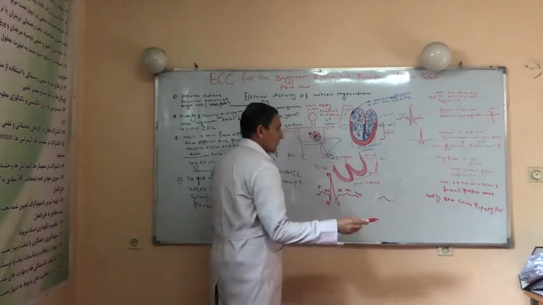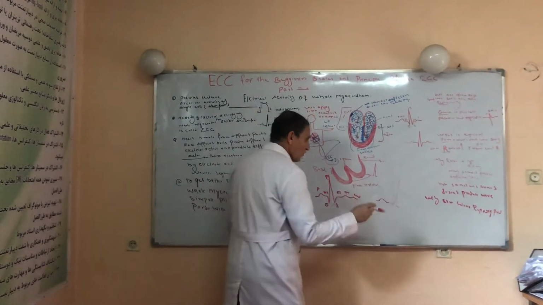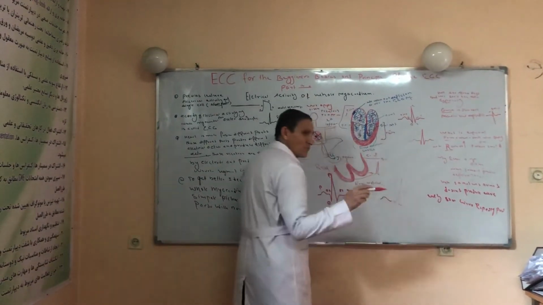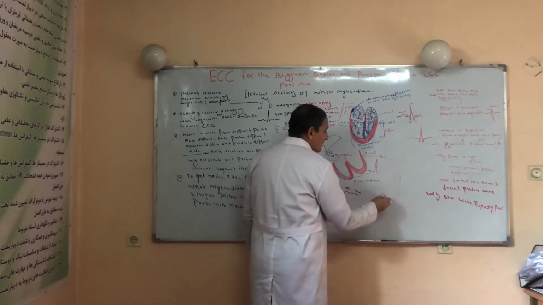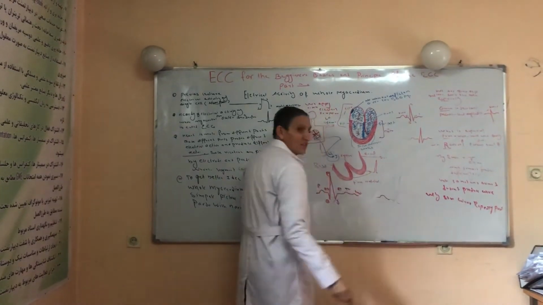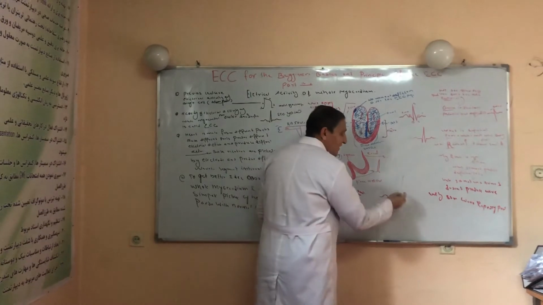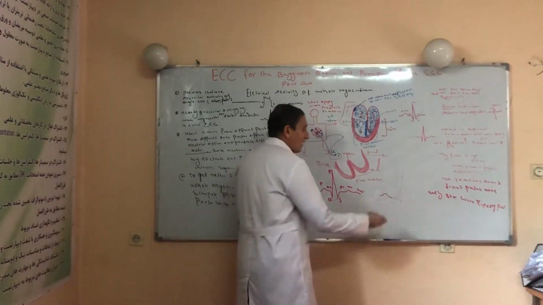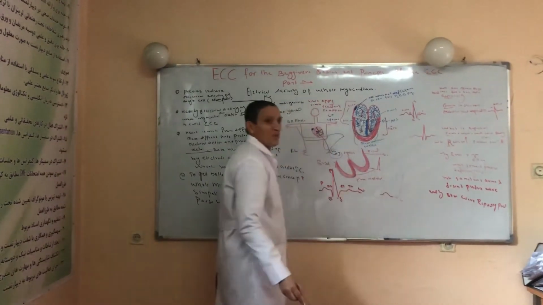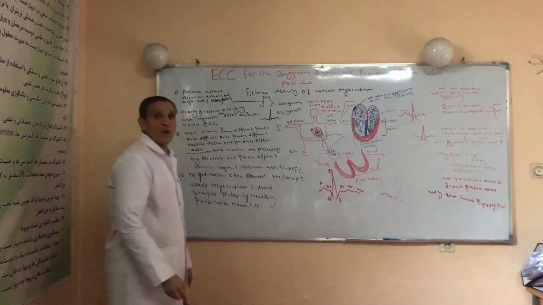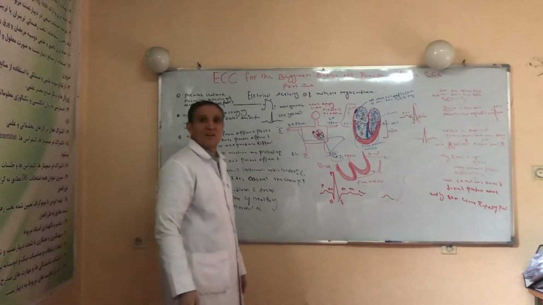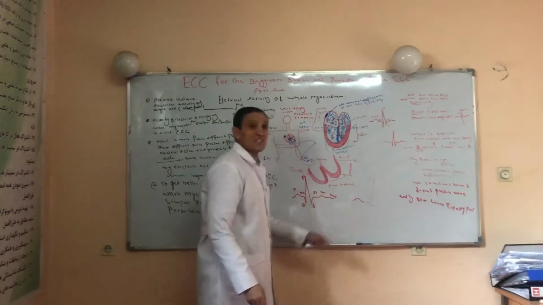Since the repolarization wave is slow and the atrial tissue is small, the atrial repolarization vector is buried in the QRS complex, or hidden in it, or the QRS complex captures the repolarization vector. That is why we don't have any wave or deflection from the atrial repolarization vector.